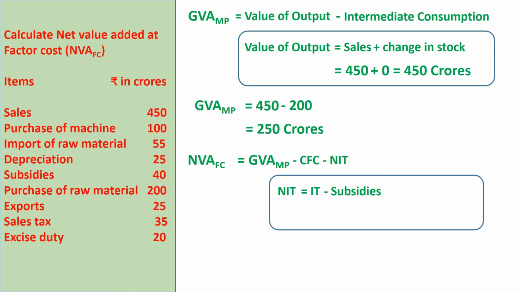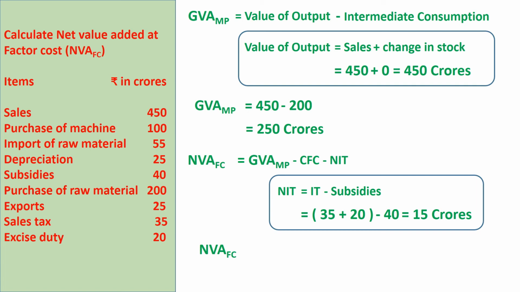Here indirect taxes are also not given directly. In this example, sales tax and excise duty are given, which are examples of indirect taxes. NIT is equal to indirect taxes, that is 35 crores and 20 crores, minus subsidies, that is 40 crores, equal to 15 crores.